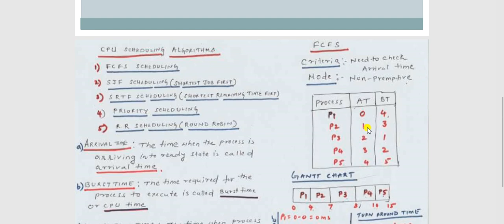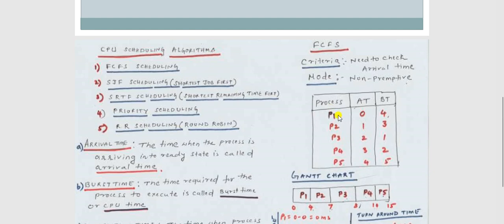Now you can see here, P1's arrival time is 0, P2's arrival time is 1. Both are different. As the name suggests, first come first serve, whichever process comes first you have to schedule it. But when the arrival times of P1 and P2 are the same, what do you have to do? You have to consider the numbering of the process in the first column.